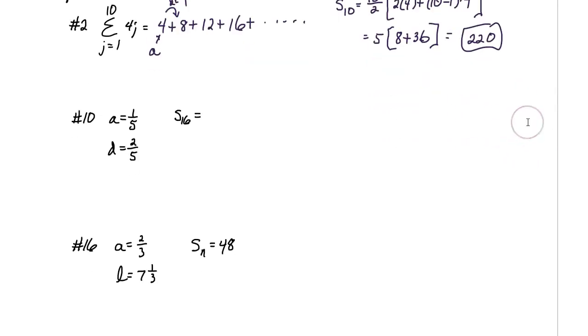Number 10. Find the sum of this arithmetic progression. Like the last question, we're given a and we're given d, and we're given a certain number of terms to add. So let's use the same formula. 16 divided by 2, 2 times 1/5, 16 minus 1, and now times d.